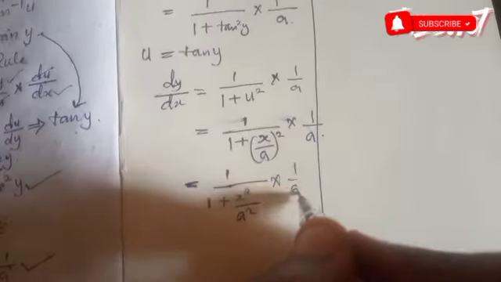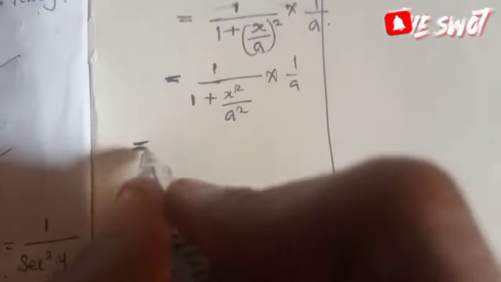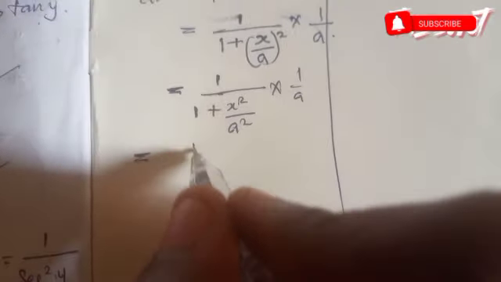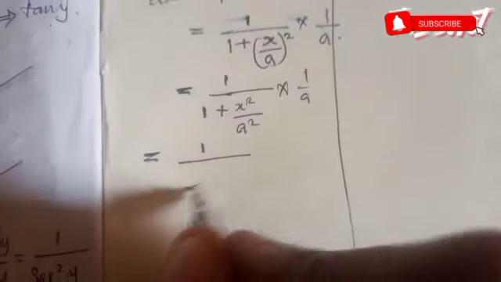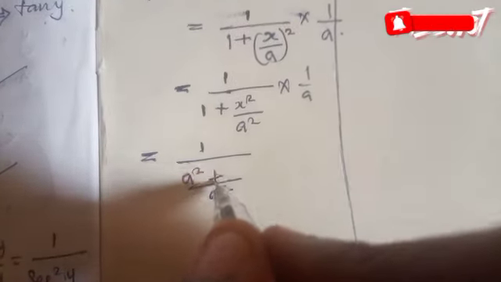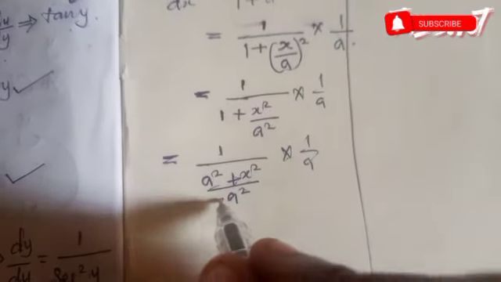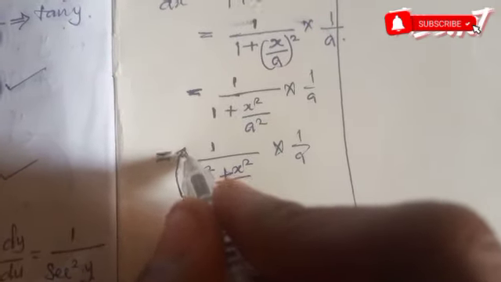So from here now you have 1 over, find the LCM, x squared over a squared times 1 over a, just like the way we solved the other one from this part here. So by the time you find the LCM, we're having 1 over a squared plus x squared all over a squared, times 1 over a. Apparently this a can come up.